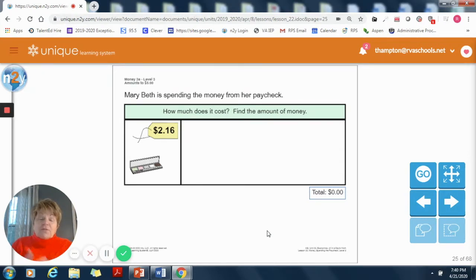But probably your very best practice ever is to help your family spend money at a store. So when you go to Kroger or Publix or Walmart to buy your groceries, take a little bit of your own money and spend that money so you get used to exchanging those coins and getting money back.